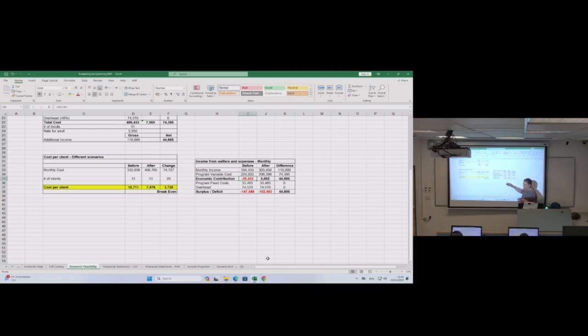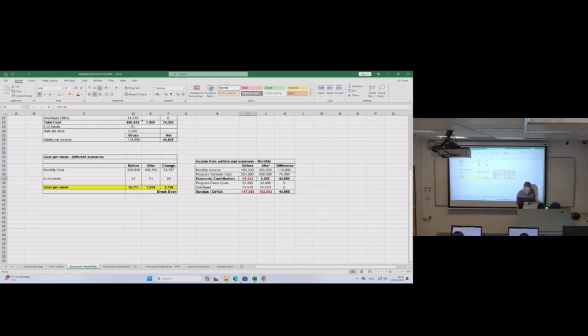But still, if we look at the overall calculation, we can see that the program is in deficit after adding the share of the fixed cost. That is why surplus and deficit are not good measures to make decisions regarding programs, only the economic contribution. So I'll show you more examples about that when we discuss full costing more precisely.